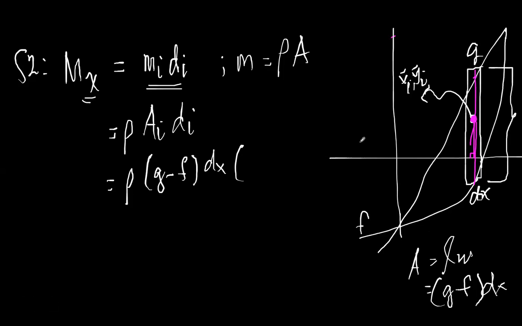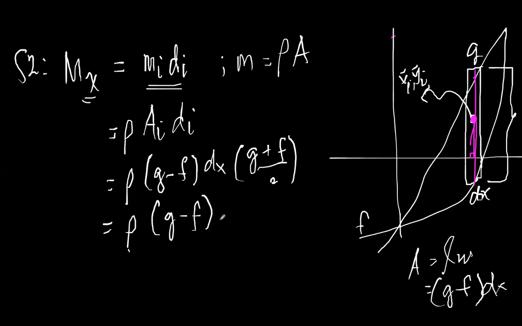Therefore the distance here is the midpoint, and to get the midpoint we have g plus f over 2. If we rewrite this, it would be rho g minus f times g plus f over 2 dx.